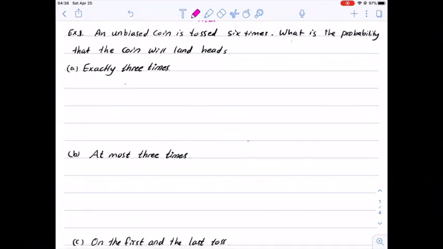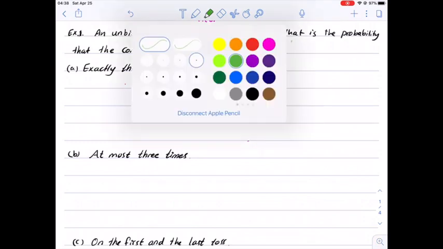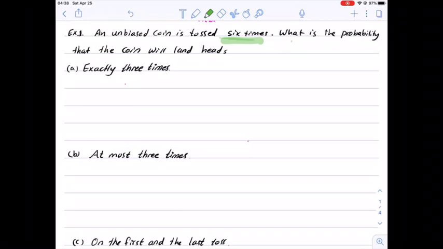Now here in this section we focus on problems with a large number of outcomes in the sample space. So in this first example, we toss a coin 6 times, and we want to know what is the probability that the coin will land heads exactly 3 times.